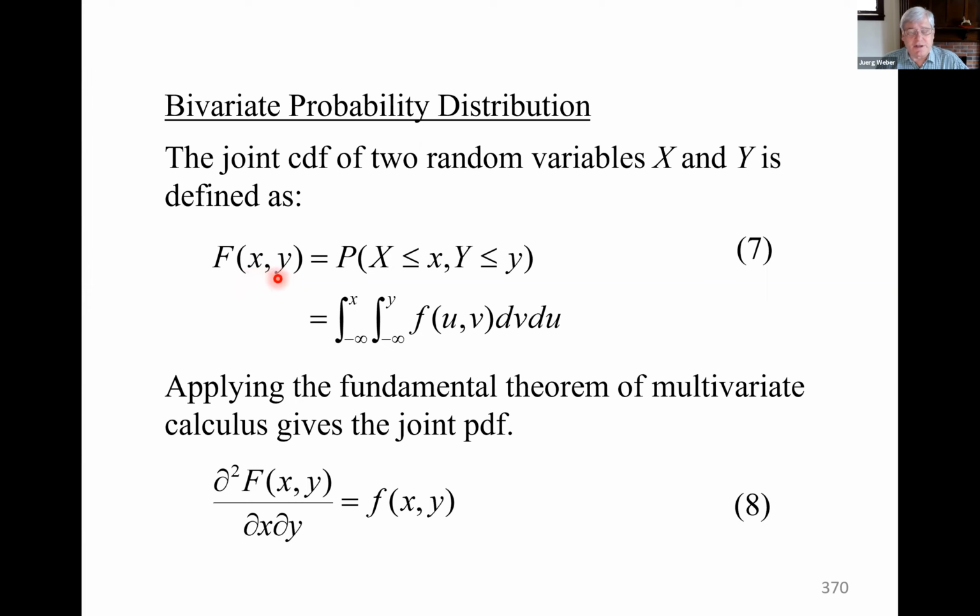Those are the two critical values. And those are the critical values that you have up here in the integral as the upper limits. So you have to integrate the probability density function. You have to integrate it first for the y variable and then for the x variable. You go up to the value y and you go up to the value x. You do both integrations.